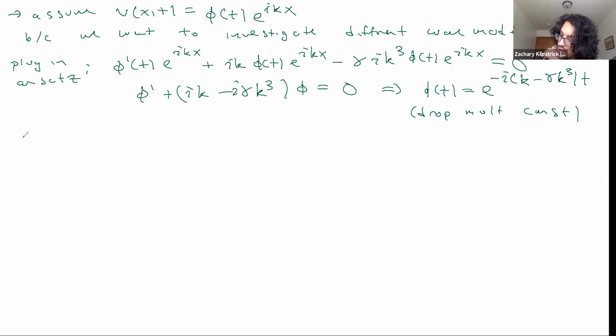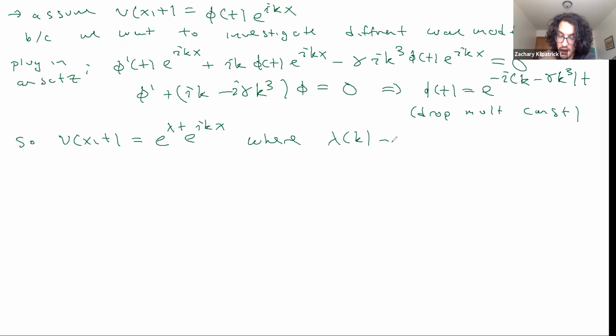So this means that v is of the form e to the lambda t e to the ikx, which gives us a dispersion relation where lambda of k is equal to minus ik minus gamma k cubed.